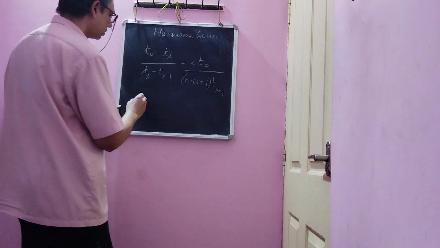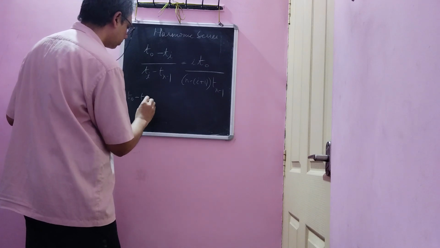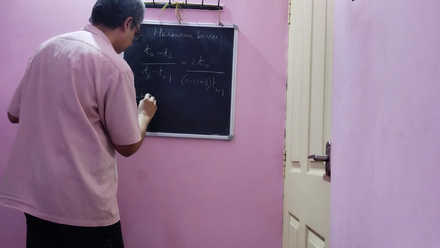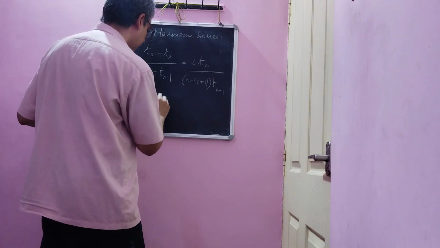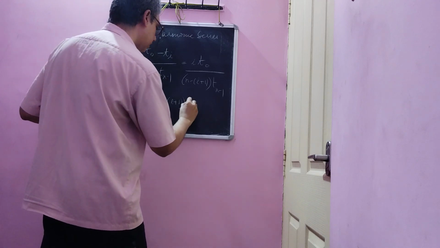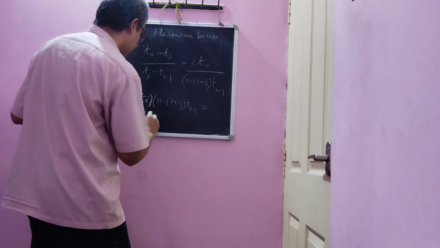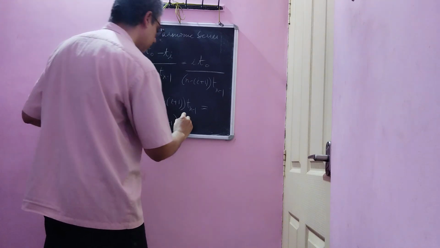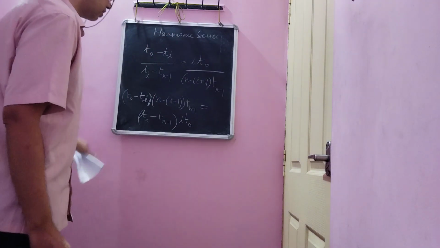Or, cross multiplying, we will have n minus i plus 1 times T0 minus Ti times Tn minus 1 is equal to Ti minus Tn minus 1 times i times T0.